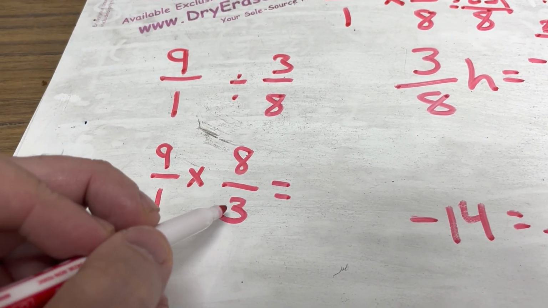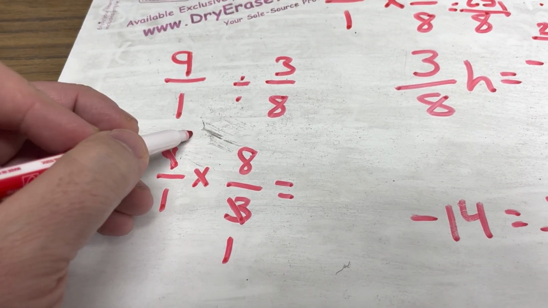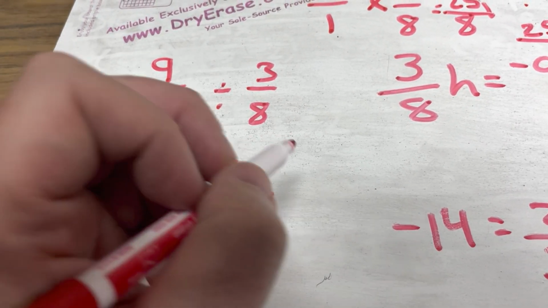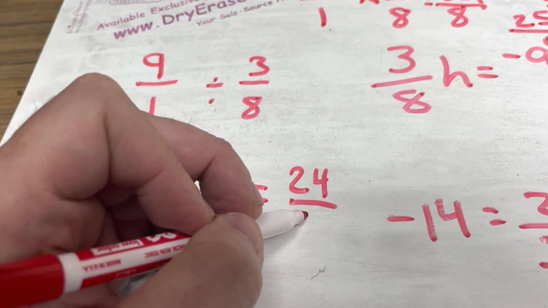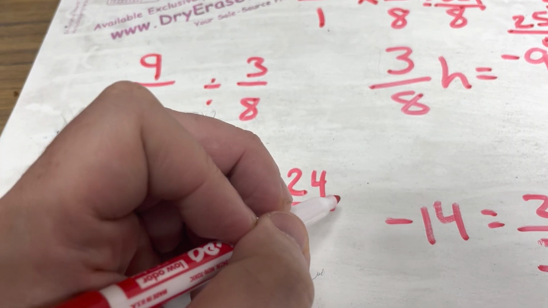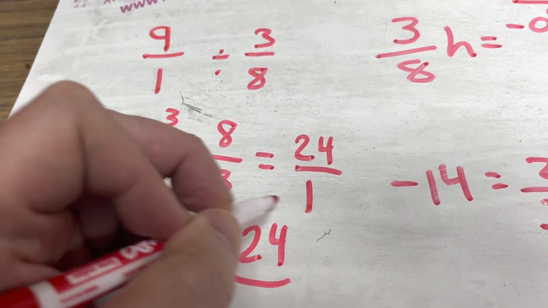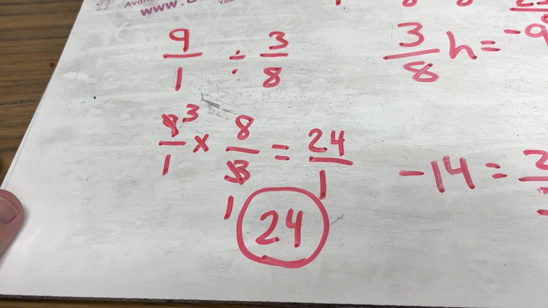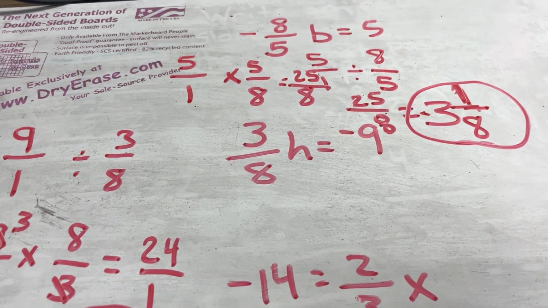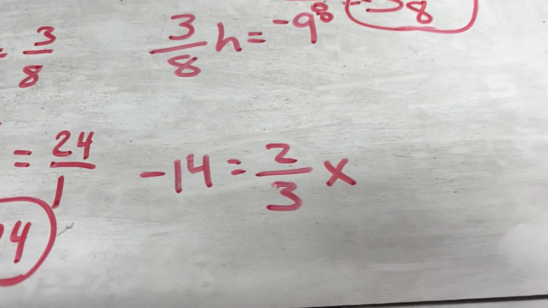I can cross-cancel the 3 and the 9. 3 divided by 3 is 1. 9 divided by 3 is 3. 3 times 8 is 24. 1 times 1 is 1. 24 over 1 is equal to just 24. And I get my final answer that way. h equals 24.